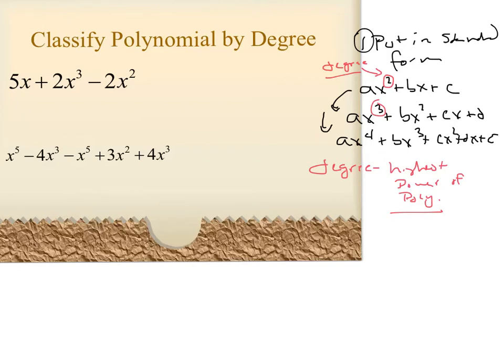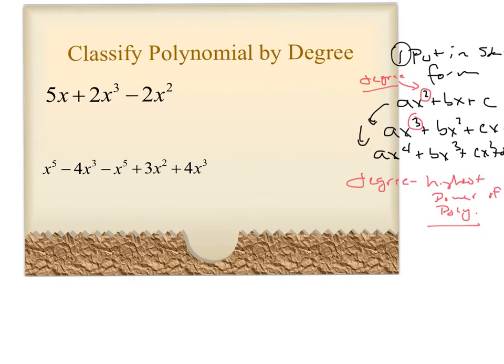Now the other thing that we want to do is get these guys in standard form. So let's go ahead and look at this guy. I might not necessarily need to write it in standard form, but I think it's good practice. So I've identified this as my highest degree. So it's positive, so 2x cubed minus 2x squared plus 5x plus 0.